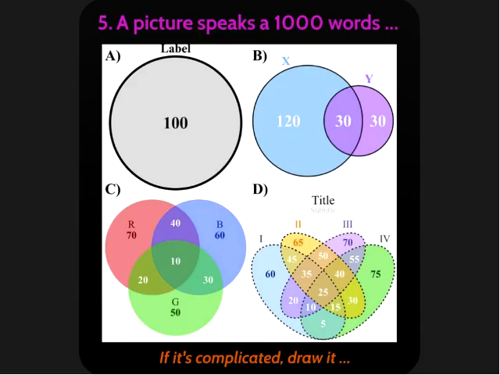Okay. Now this one is really important. This is a great way to save space. A picture speaks 1,000 words. So if you're doing something a bit complicated, draw it. Don't try and describe it. Now I use this particularly when I'm talking about how my project will run, you know, the different stages of a project, or I might do this to explain evaluation and the different layers of evaluation, something like that.